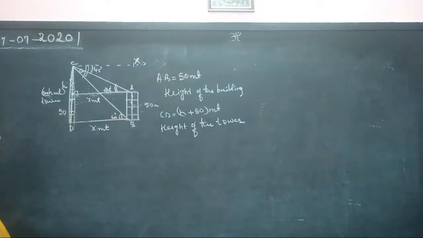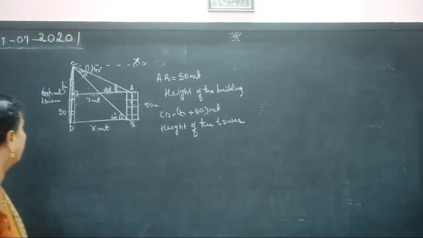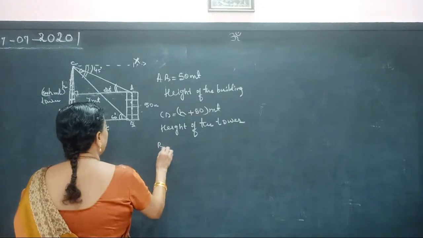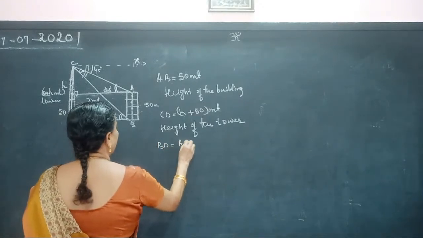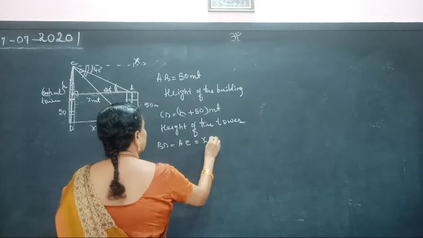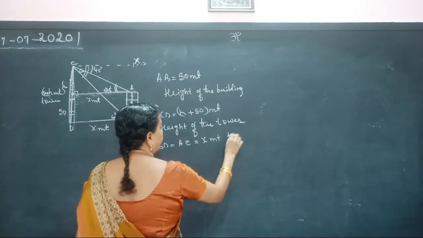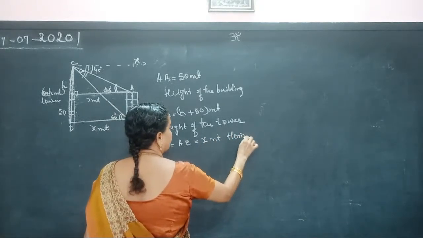Whatever we have noted in the figure, that you have to give as the description. And BD equals AE equals x meter, horizontal distance.